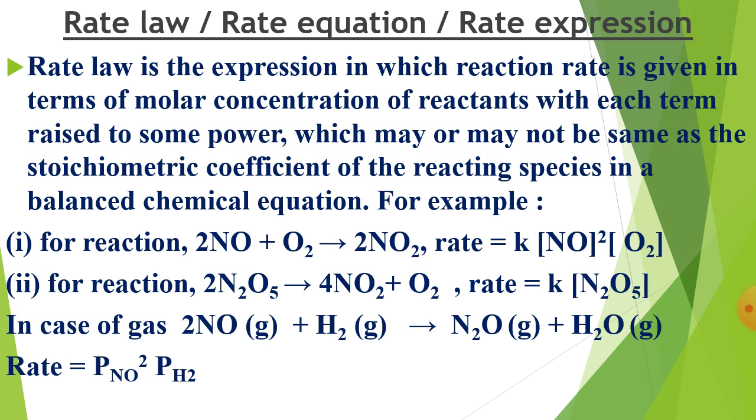Now in case of gas, 2NO + 2H2 gives N2 + 2H2O. For gases the rate should be written in terms of pressure, like this: rate = k, where k is the rate constant, (pNO)^2 and pH2.